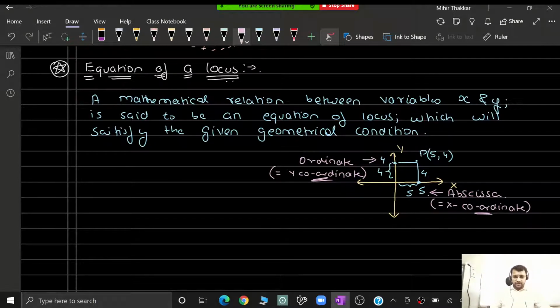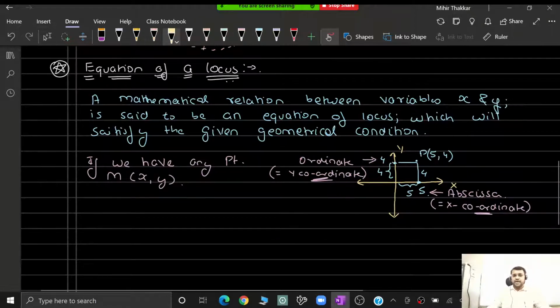So in general, if we have any point, let us consider M(x, y), x over here is the abscissa and the y value over here is the ordinate.